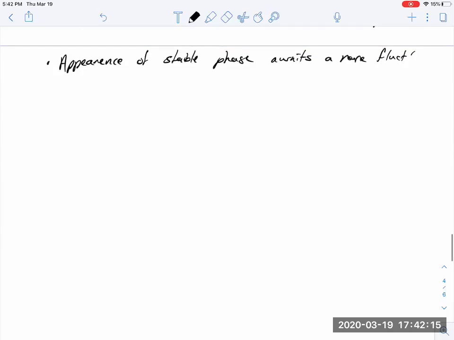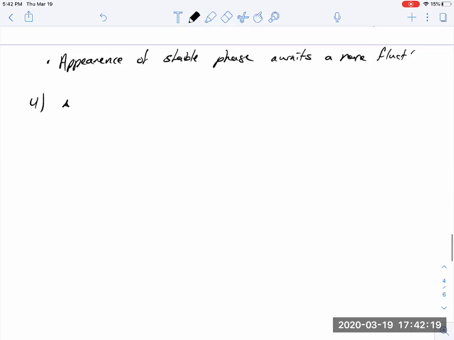Now, before we wrap up, let's reconsider this region exactly at coexistence. So let's plot this now, the free energy, as a function of number of liquid particles.